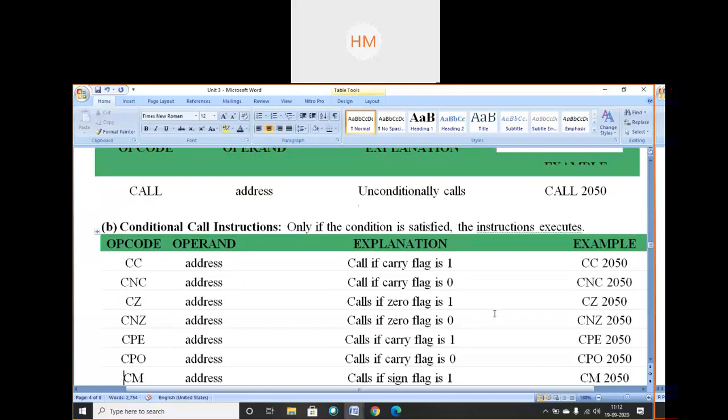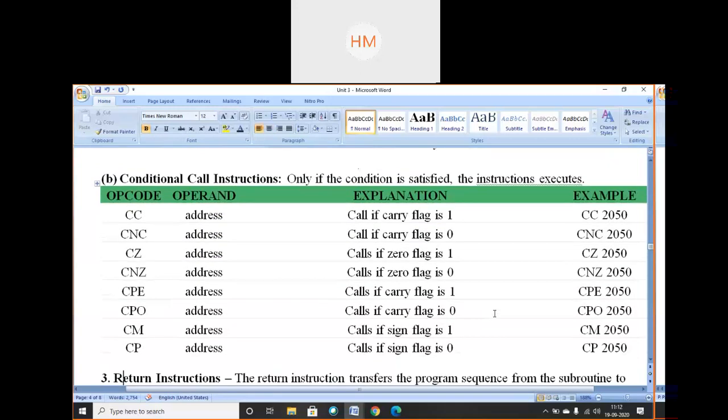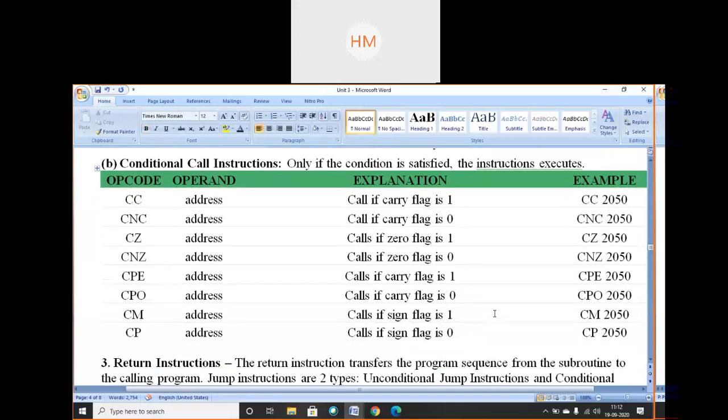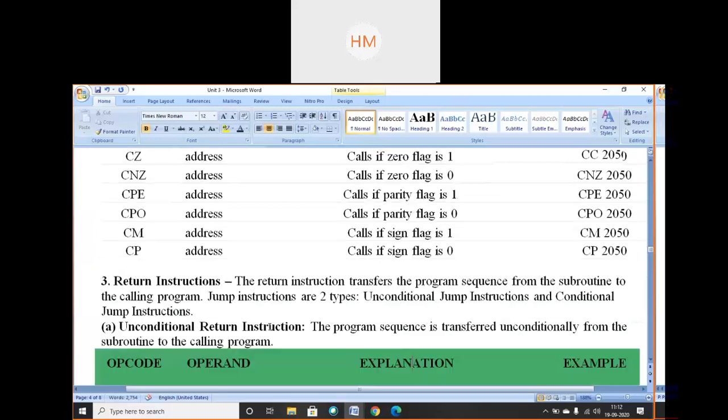Call if carry, call if zero, not zero, carry flag, sign flag, parity. Okay, students.